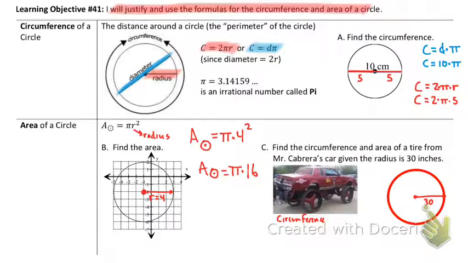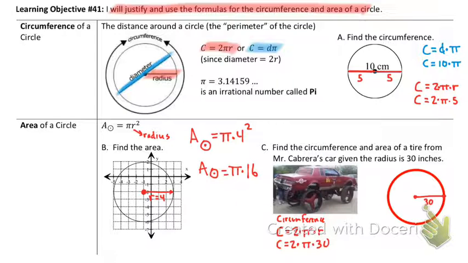So the circumference of this bad boy is this formula, C equals, and we're going to use radius, so it's going to be 2 times pi times r, 2 pi r. All I have to do is plug in 30 for r. So it's 2 times pi times 30.